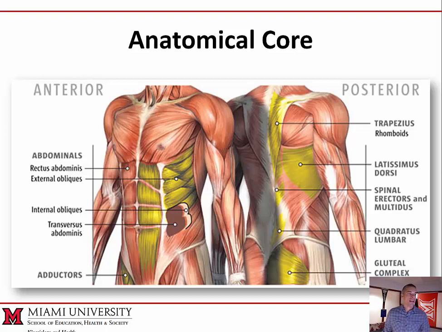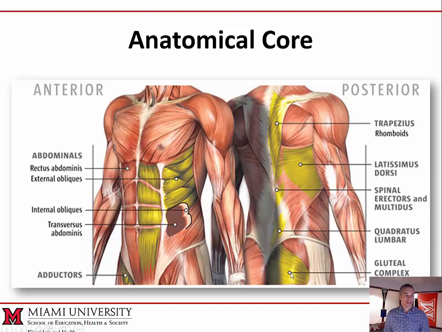So if we think about the anatomical core musculature, it's much more than just the abs and obliques. Yes, the abs here as well as the obliques are considered part of the anatomical core. We also have to consider any muscles that originate from the pelvis, such as the adductors.